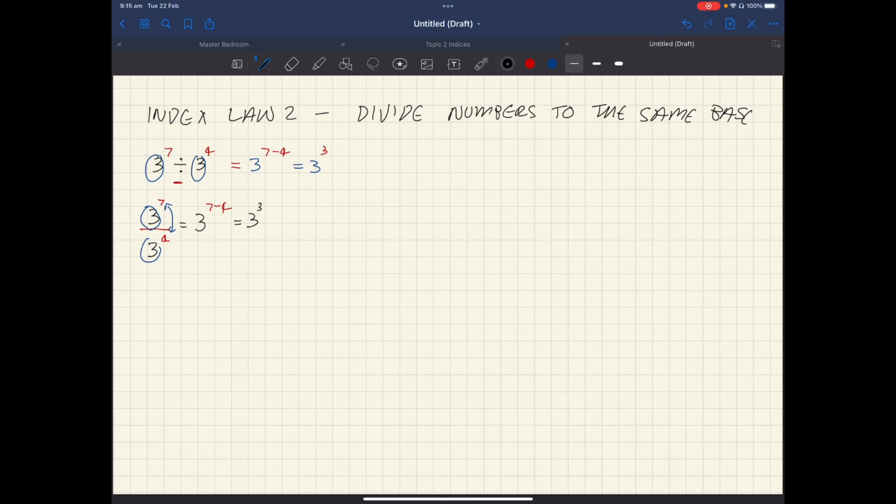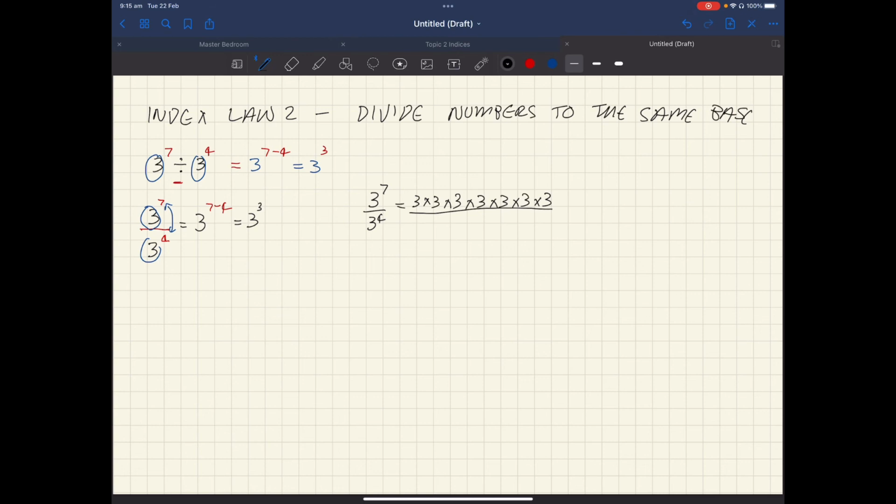Like I did before, we can also prove this is true. So consider 3 to the power of 7 divided by 3 to the power of 4. I can write 3 to the power of 7 in expanded form by multiplying 3's together 7 times. 1, 2, 3, 4, 5, 6, 7.